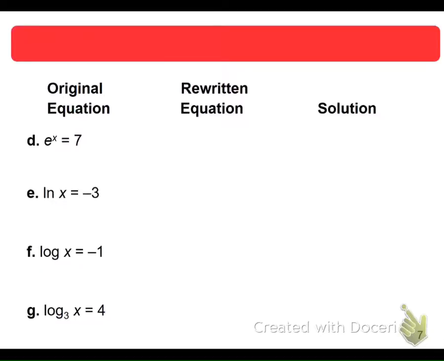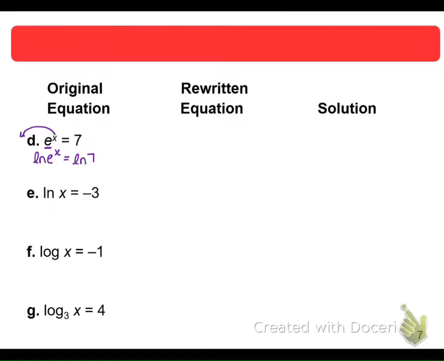So on e to the x equals 7, if I had something that I could take and make this x bungee over, then I could solve for x. Well, what is the one thing that that exponent can bungee back and forth across? A log. And since we have a base of e, we're going to use that special log, which is the natural log. So I have natural log of e to the x. Well, remember, as long as what you do to one side, you do to the other, we're okay. So the natural log of 7.